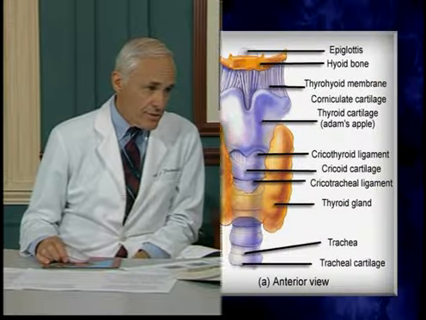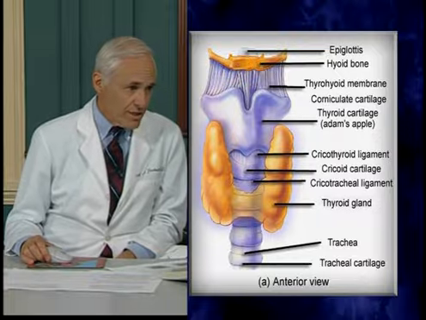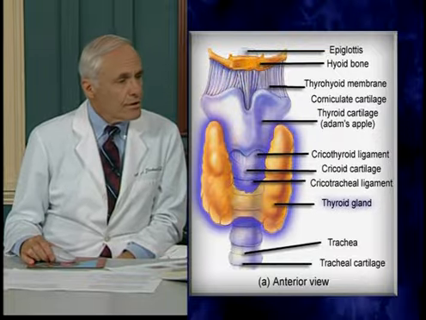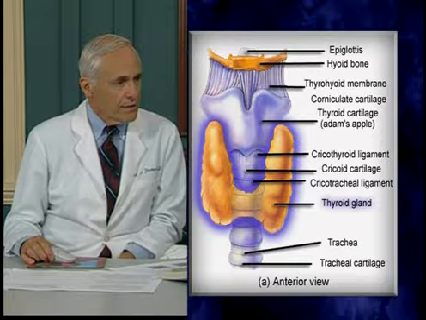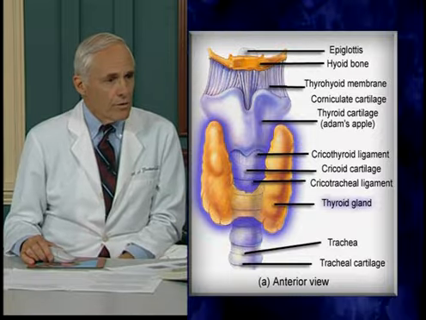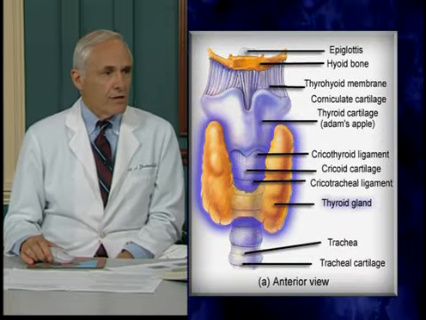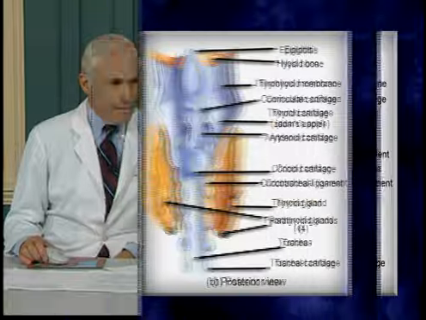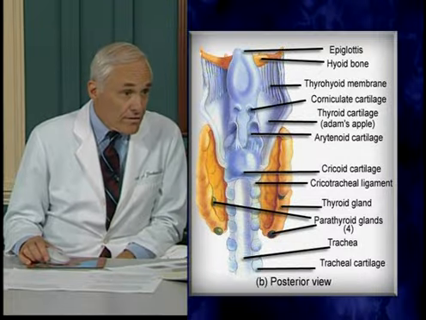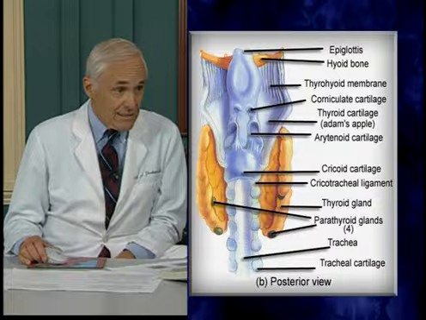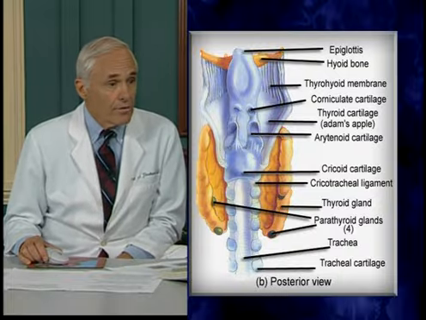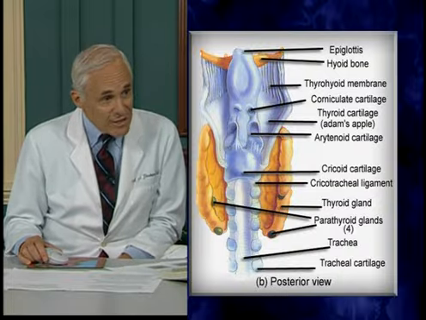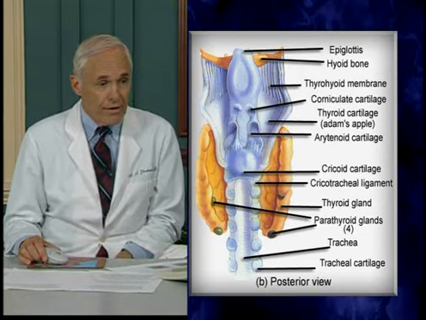Down here, just for information we will study later, is the thyroid gland, which surrounds the trachea, the bottom part that's below the larynx. If you look at the backside of the larynx, something you don't get to see very often, you can see it's very complex. It has lots and lots of different bones and cartilages, as well as muscles and membranes surrounding it.